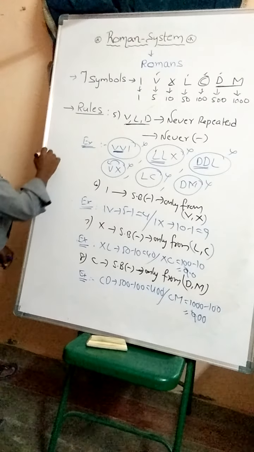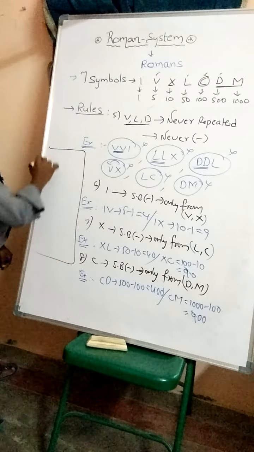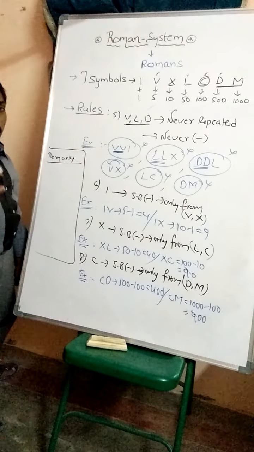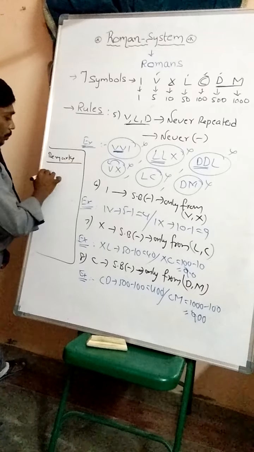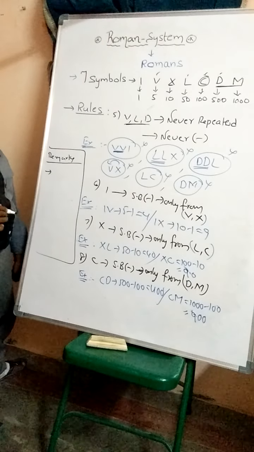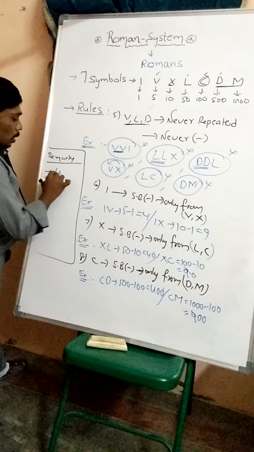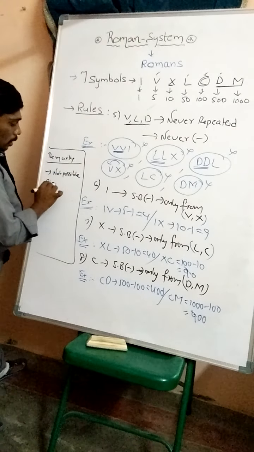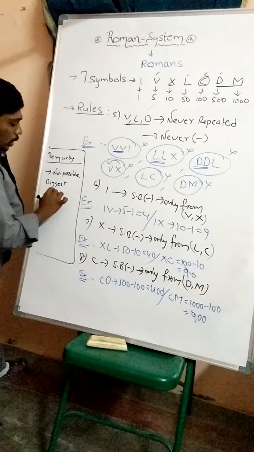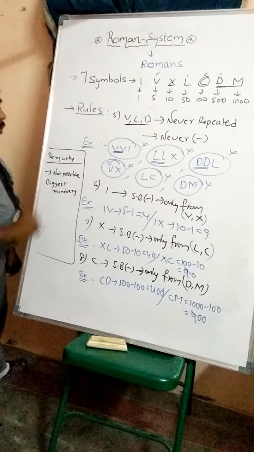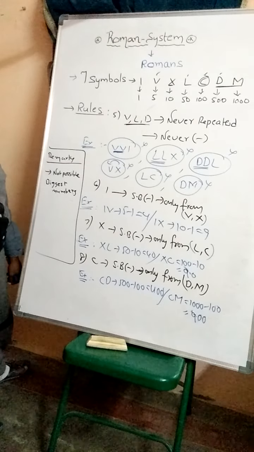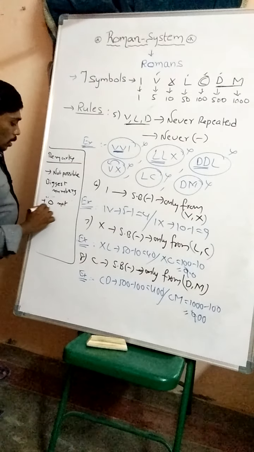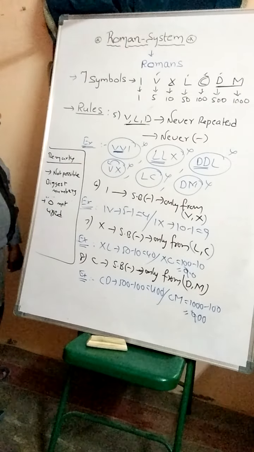Some remarks are there. What are the remarks? Remarks are nothing but difficulties. This system is not easy for writing big numbers. Also, 0 is not used in the system.